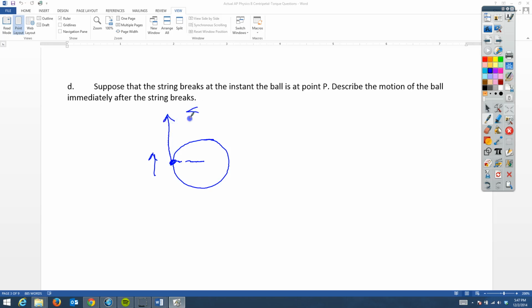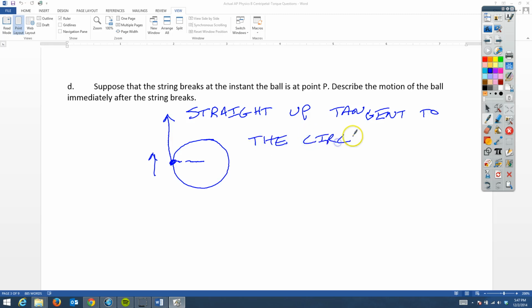It would go straight up. So you'd actually need to write straight up tangent to the circle or the circular path, either way you do it.